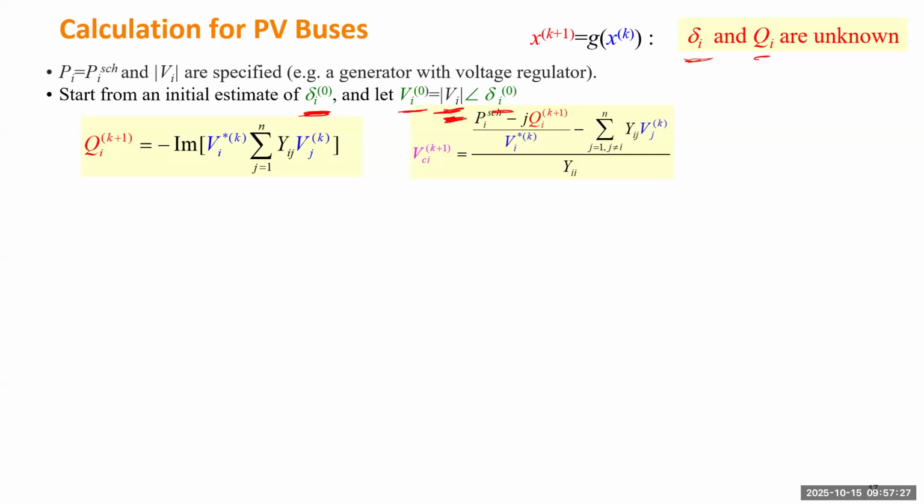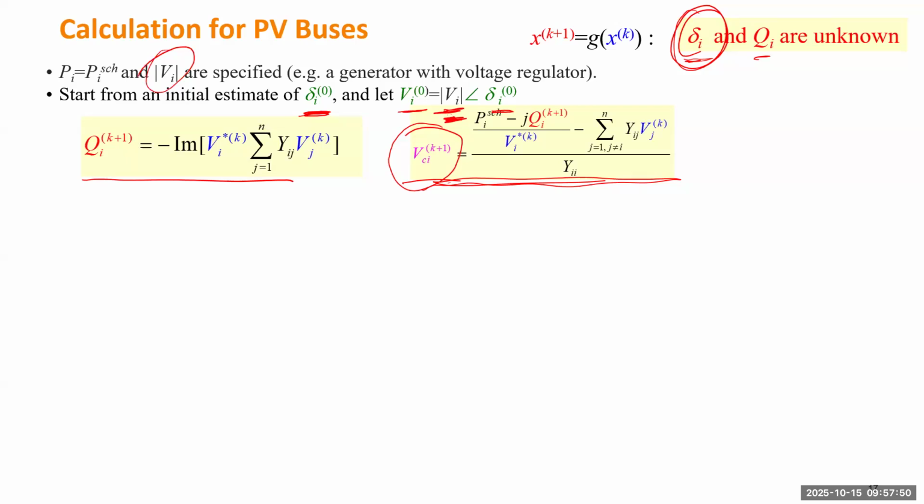The formulas we need will be one formula for Q, the other formula for V. But keep in mind, we don't need to know the voltage phasor, we only need to know the angle. When you use the first formula to iterate, it gives you the voltage phasor, but we only need the angle information. We don't need the voltage magnitude. The voltage magnitude is already given. We cannot change that value. So how do we update the angle based on this calculation?